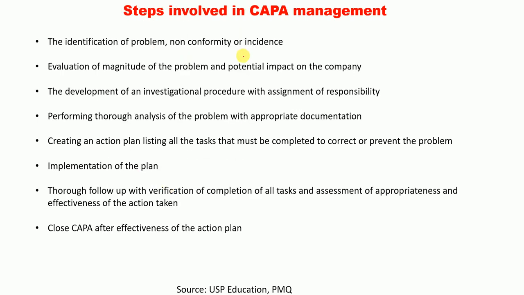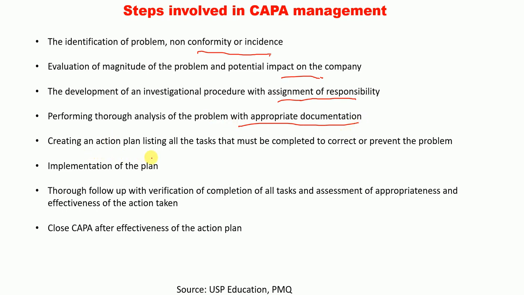So what are the different steps involved in CAPA management? The identification of the problem, non-conformity or incidents. We have to evaluate the magnitude of the problem and potential impact on the company. We have to develop an investigation procedure with assignment of responsibility. We have to perform thorough analysis of the problem with appropriate documentation.